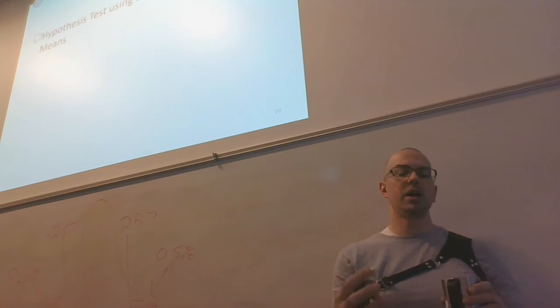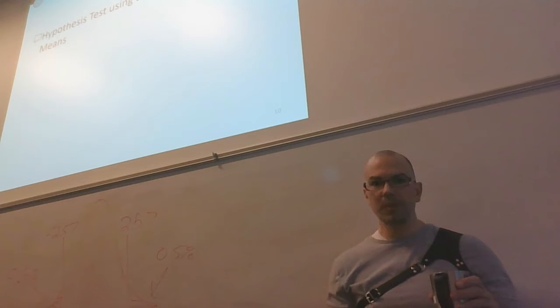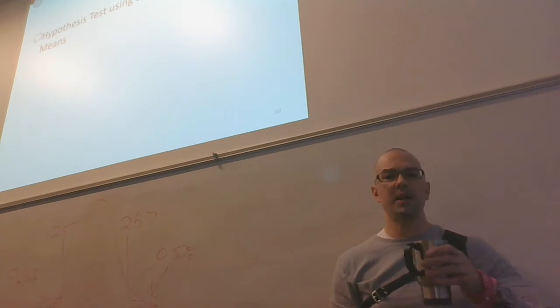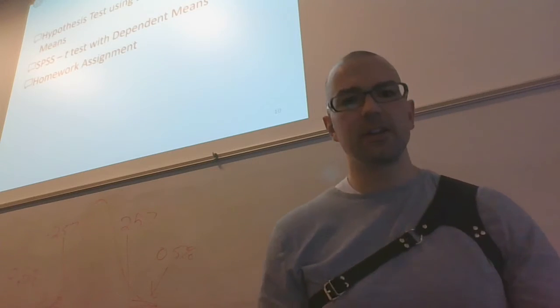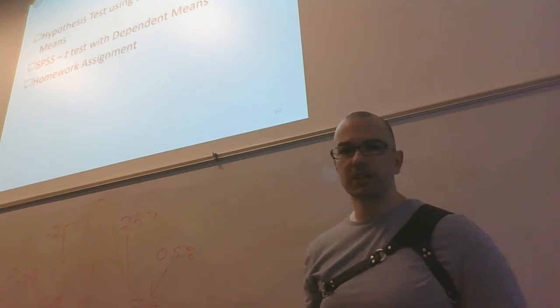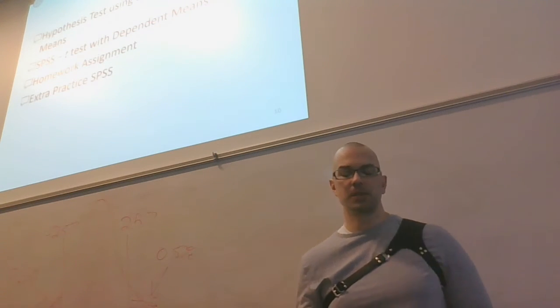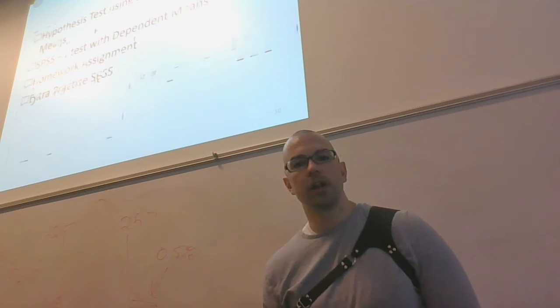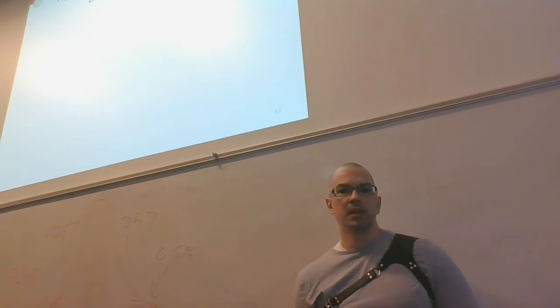And this is going to be our introduction to using the t-test for an experiment with dependent means. We're going to see how to do that in SPSS, and I'll also mention the homework assignment that you'll be ready to do, and we'll have some extra practice with SPSS ready to go. All right, so let's take a look at this demo problem here.